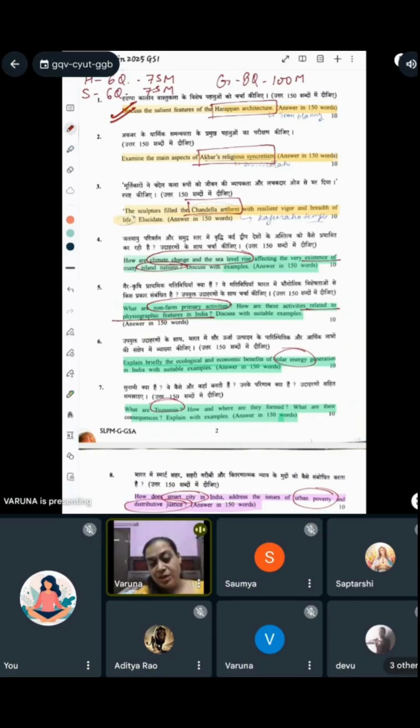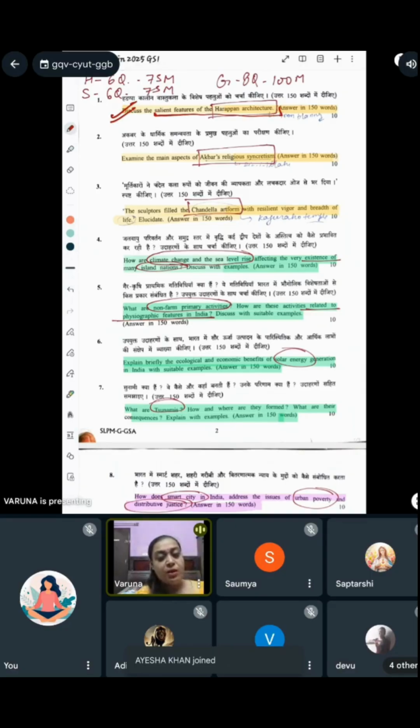When the question demanded you to discuss the salient features, you just need to discuss this part only. Whenever there is the keyword discuss, we have to only write about the topic or the theme mentioned in the question. We need not go into any depth further. We just have to fulfill the demand, that is the salient features.